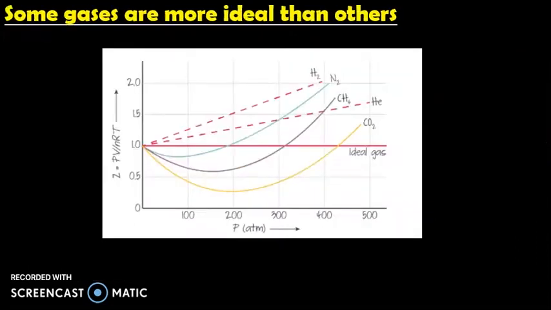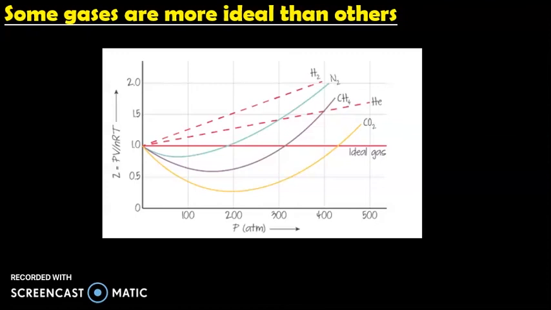Some gases are more ideal than others. So we have hydrogen, nitrogen, methane, helium, carbon dioxide, and the ideal gas. The degree of deviation from ideal behavior varies for different gases. Gases that show the most ideal behavior are those with a low molar mass and the weakest intermolecular forces between the particles.